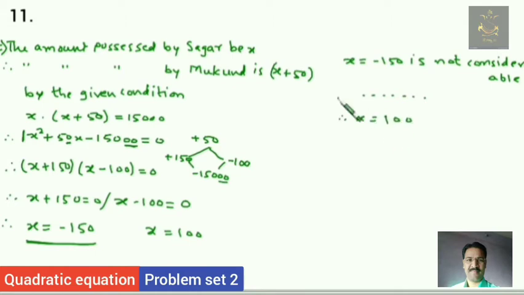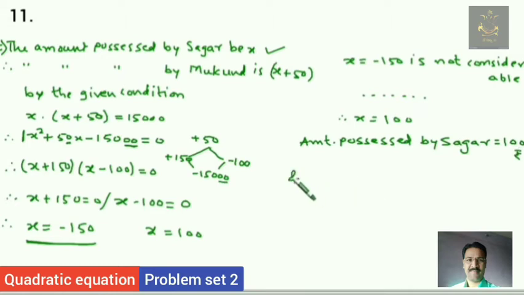What is this x? X means Sagar. What do we have to find here? We have to find how much amount they have possessed. Find the amount each one has. So we'll write here now. Therefore, the amount possessed by Sagar, that is X, is 100 rupees.